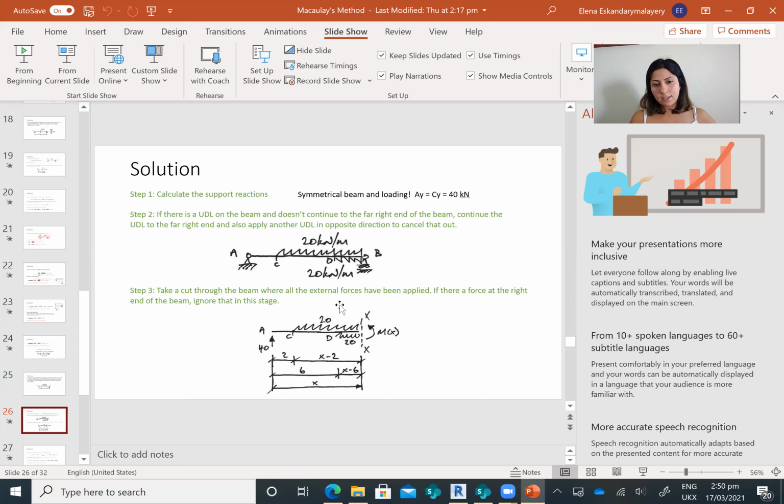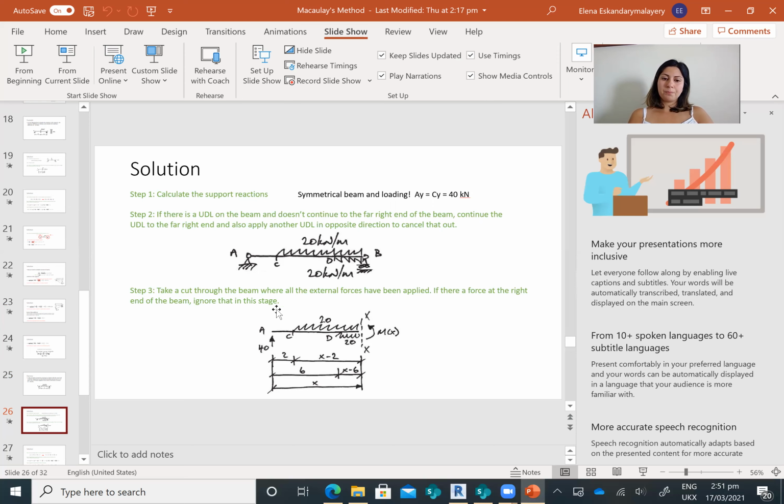And then I cut through somewhere between B and D here. As you can see, we have UDL upward, downward, as well as the UDL that I applied myself upward. And then just treat it as a normal beam.